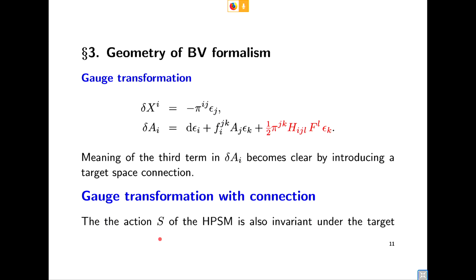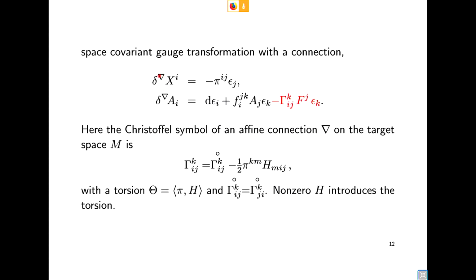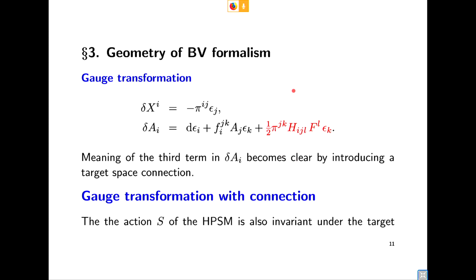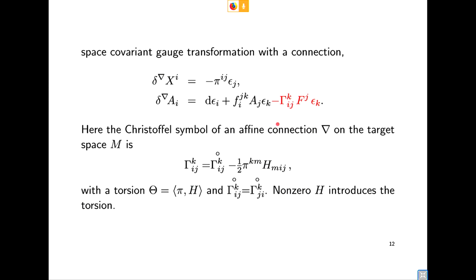The interesting thing is that the action functional of the twisted Poisson sigma model is also invariant under the target space covariant gauge transformation with the connection. This red line: if we replace the third term with this one, this action functional is invariant. So this is also a gauge transformation of this model.